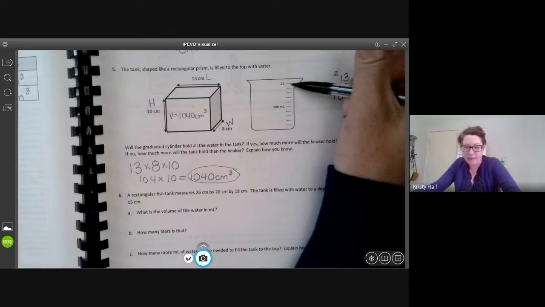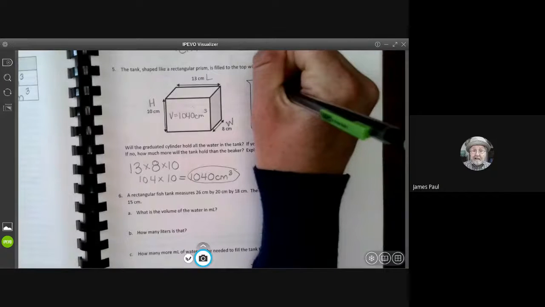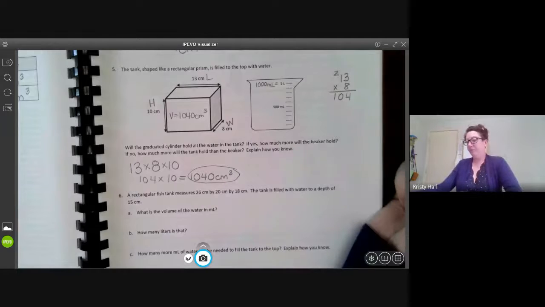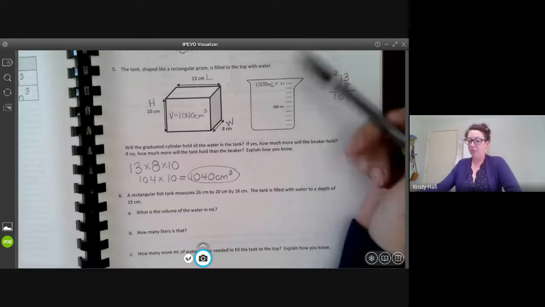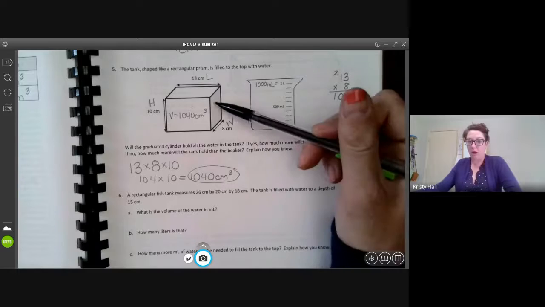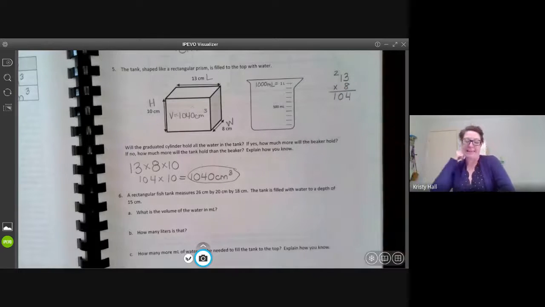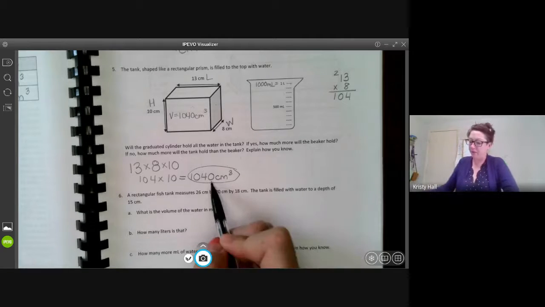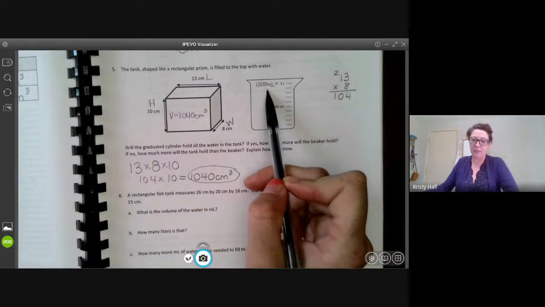So how many milliliters is 1 liter? 1,000. Right. 1,000 milliliters. So the beaker will hold 1,000 milliliters of water. Would it hold all of the water that fits inside this tank? No, right, because 1,040 is more than 1,000.